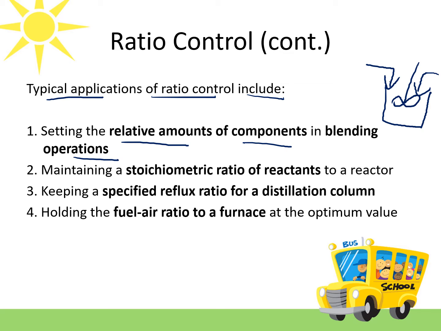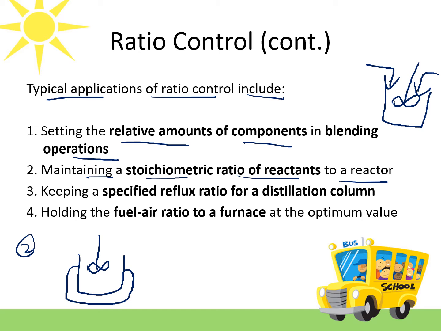You can also use a ratio control to maintain the stoichiometric ratio of reactants in a reaction. For example, you have a reaction inside a stirred tank reactor.